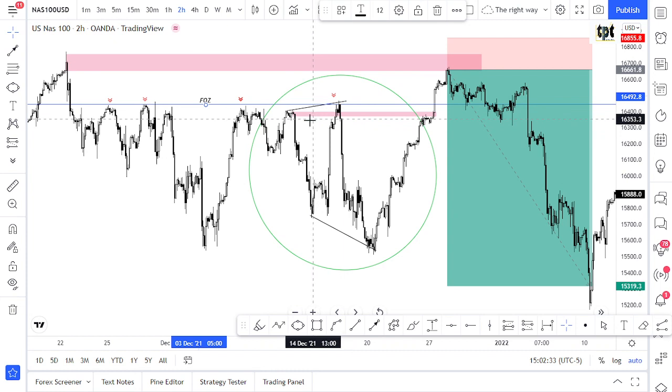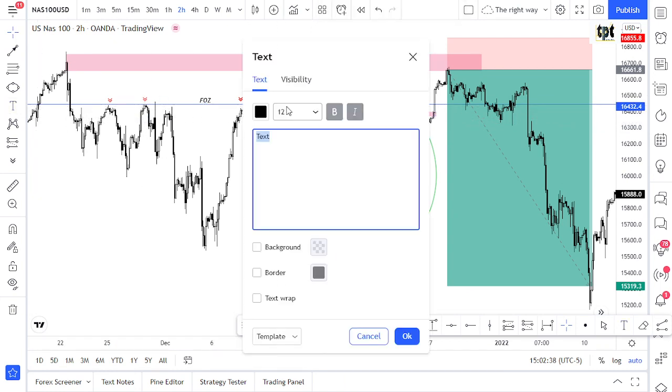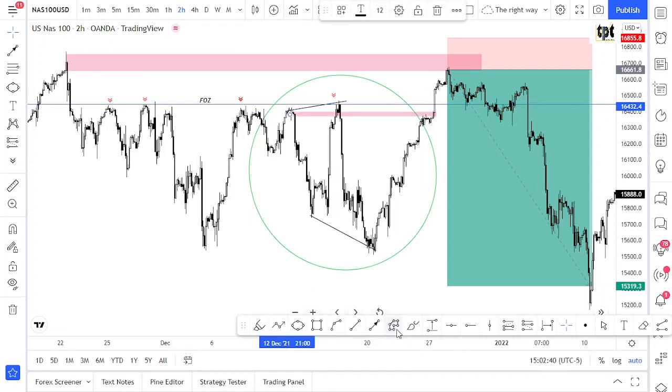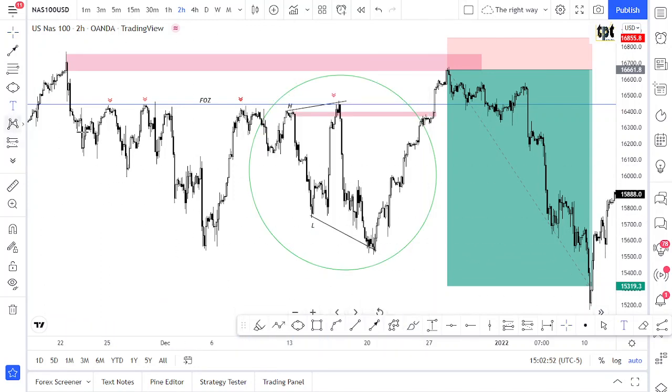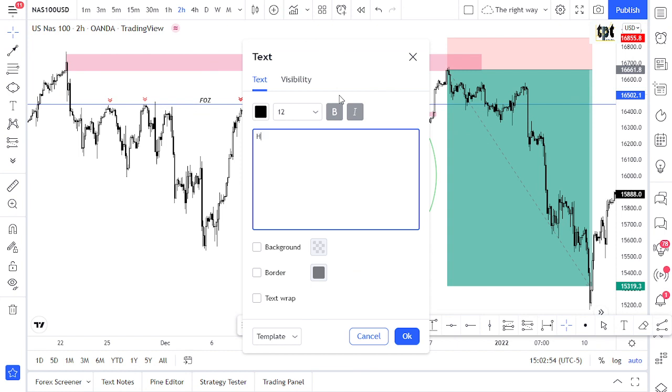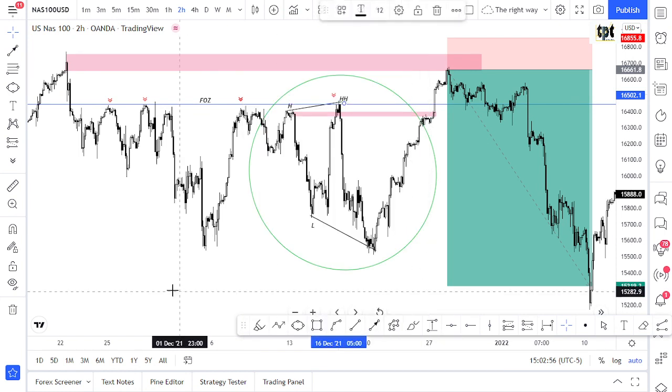Initially, it began like a Quasimodo pattern because we have the high, we have the low, we have the higher high, then we have the lower low.